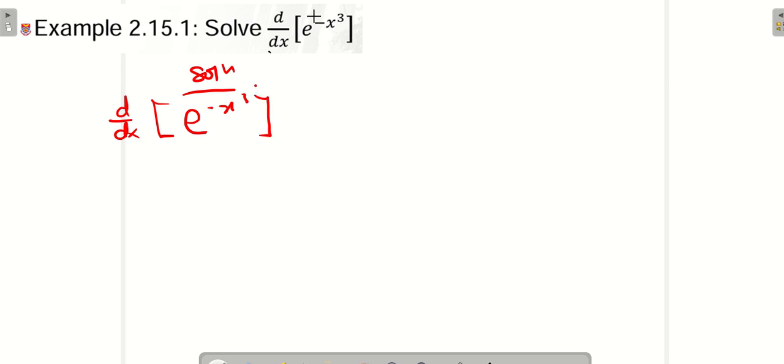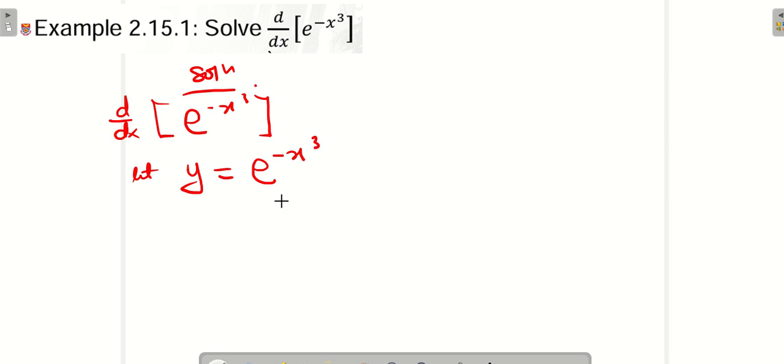So how do we go about this? Now let's start. We will say that let y be equal to e to the power negative x cubed.